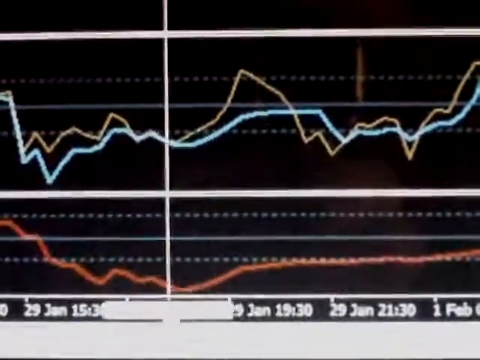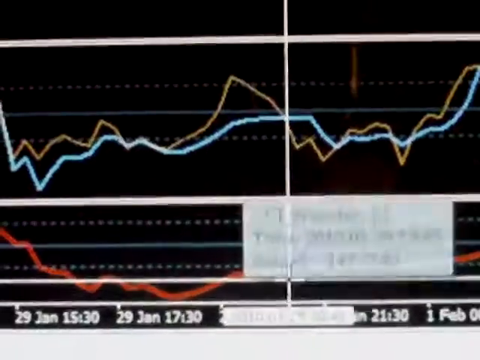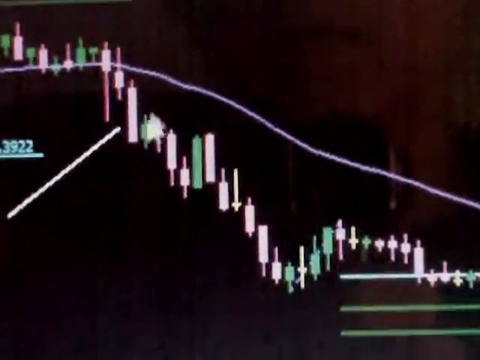And if you look at this decline down and you look at the 15-minute negative 100 line, you really don't have any reason to get out of the trade.